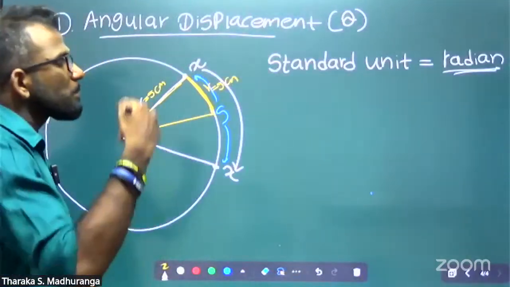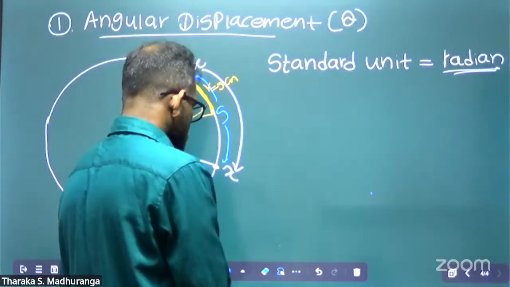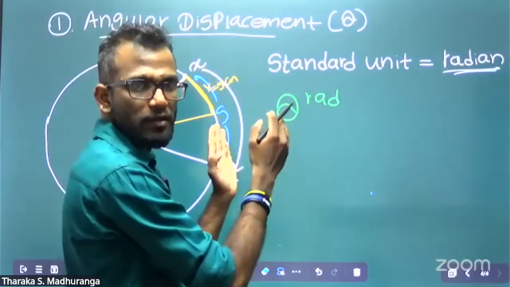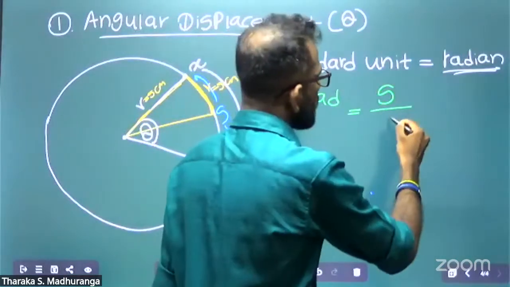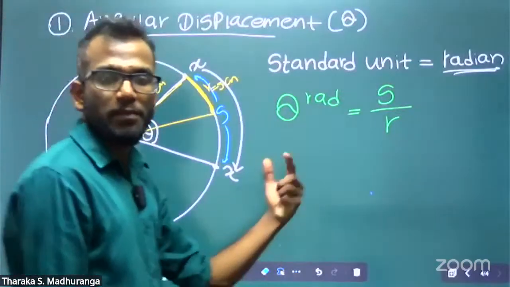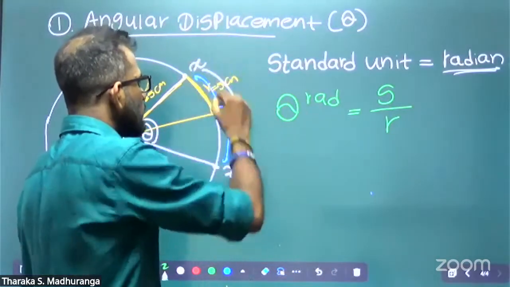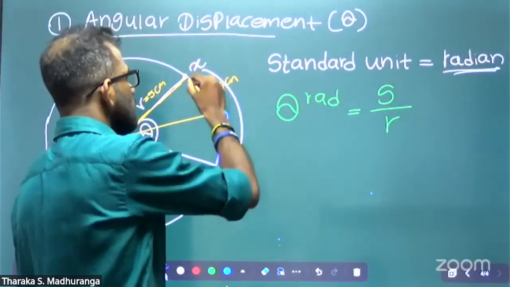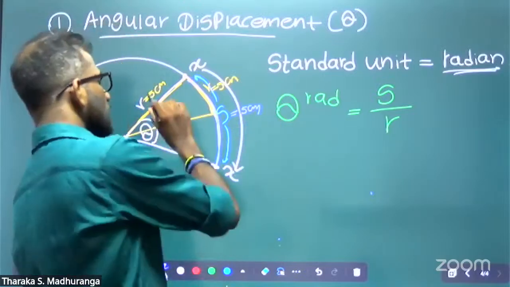Then in the last lesson, the radian lesson, I told you theta in radian, the angle of any sector part in radian, we can get by arc length divided by radius. As an example, think this full sector part. The arc length is 15 centimeter and the radius is 5 centimeter.